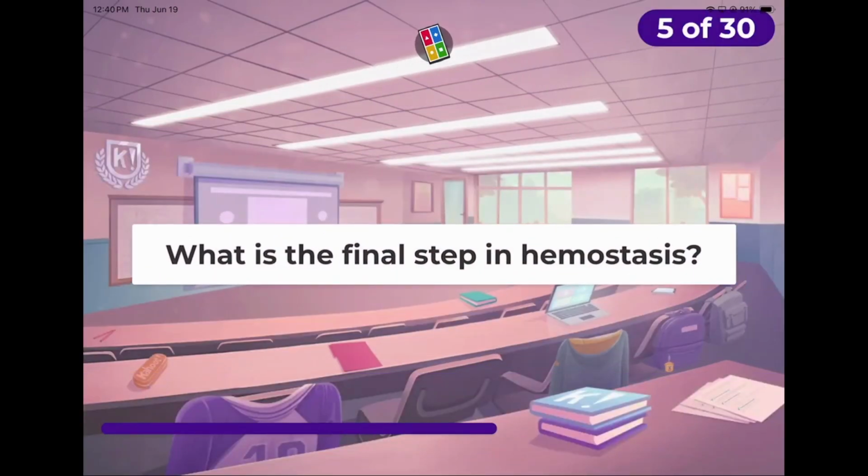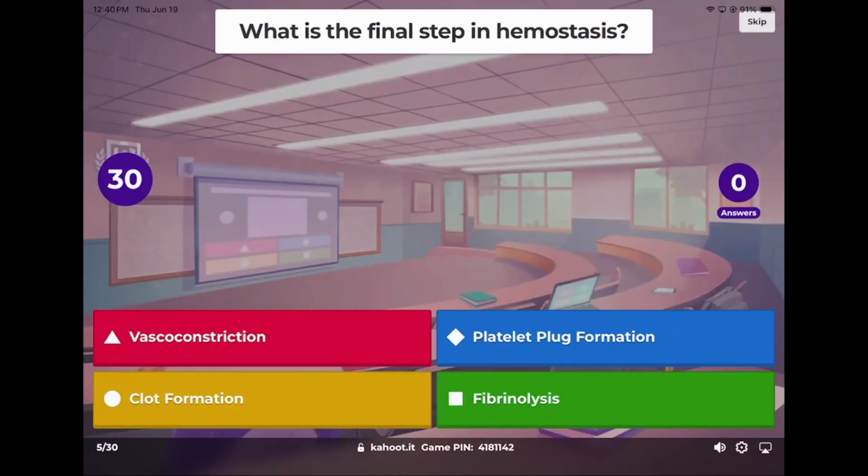What's the final step in hemostasis? This is going to trick some of you guys for reading it too fast.